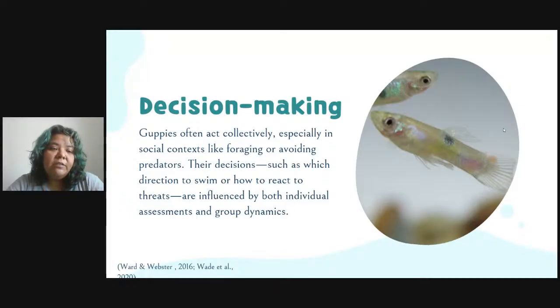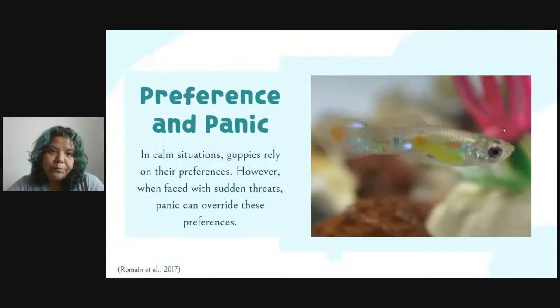Their decisions, for example, where to go, how to respond to danger, or which direction to swim, are influenced by both individual assessments and group dynamics. In calm situations, guppies rely on their preferences. However, when faced with sudden threats, panic can override these preferences, leading to more unpredictable movement.